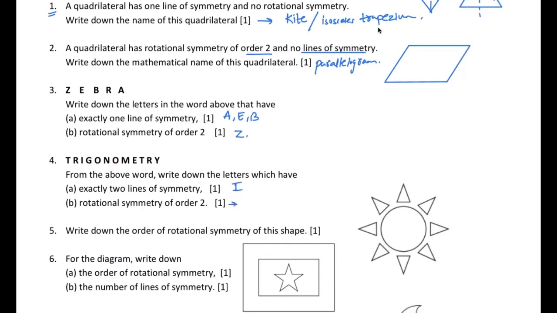Okay, rotational symmetry of order 2. How many letters have rotational symmetry of order 2? O has infinite, sorry, lines.